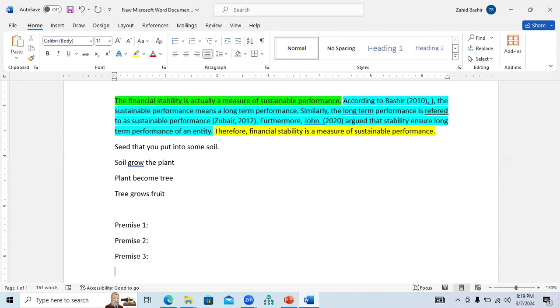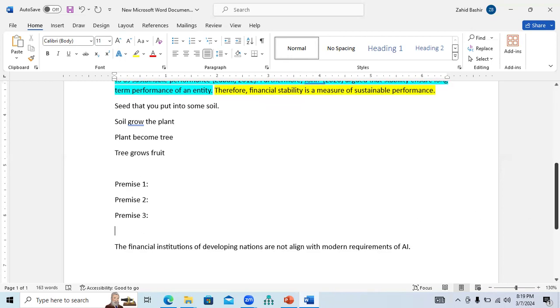So how many premises do you need to use with your argument? You should use as many premises as you can to make your argument strong. So again, three premises.